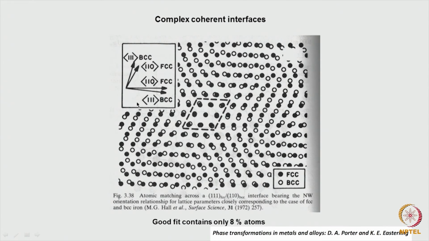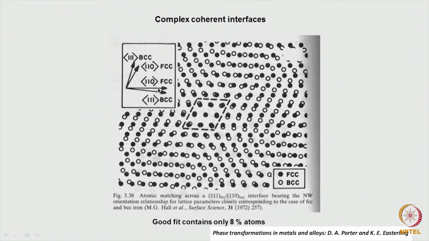Here if you look at the diffraction pattern, there is a slight change in the orientation between the close-packed direction in BCC and the close-packed direction in FCC, correct? That's what is being shown here, when these two are forming with the 110 plane of BCC parallel to the 111 plane of FCC.